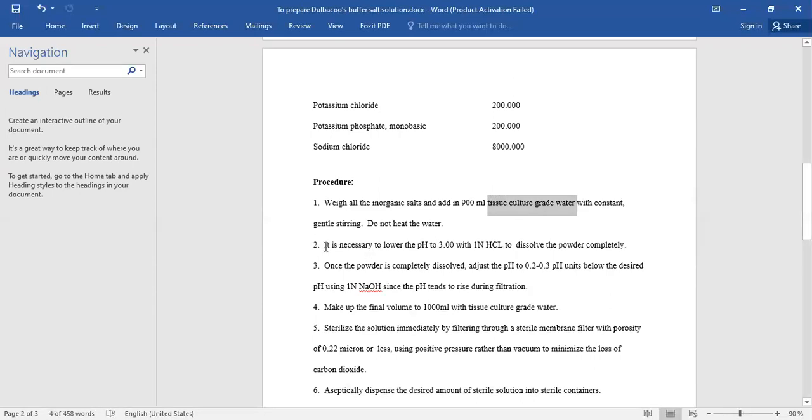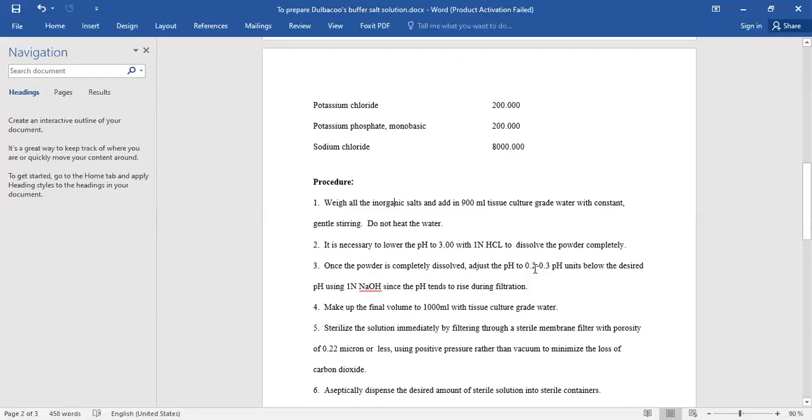After that, we need to lower the pH to 3 with HCl. 900 ml is added with the inorganic salts, and we adjust the pH to 3. And once the powder is completely dissolved, then we adjust the pH to 0.2 to 0.3 pH units below the final pH. Okay, we can use the NaOH solution.